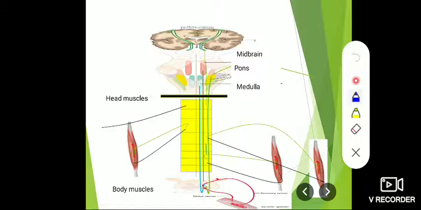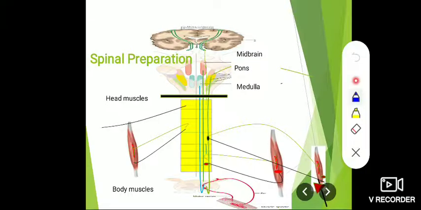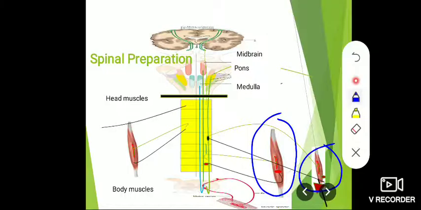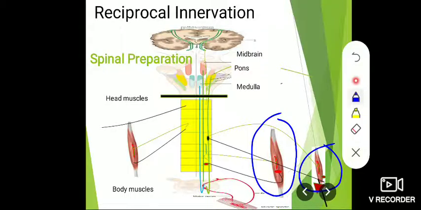Now the third one, which is again a basic one. Here we are giving a tap to one group of muscle, impulse going to the spinal cord. Now it is going to the antagonist muscle also. So you can see this is contracting and this is relaxing, lengthening. So this is called reciprocal innervation. If there is flexion in one, there will be extension in the antagonist muscle.